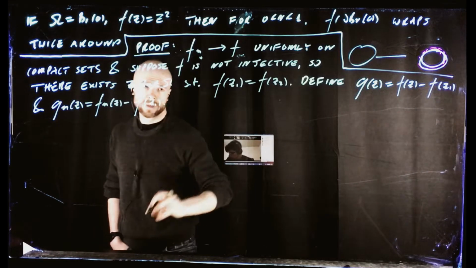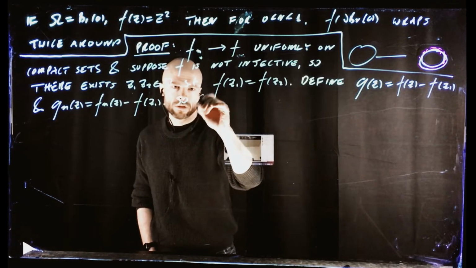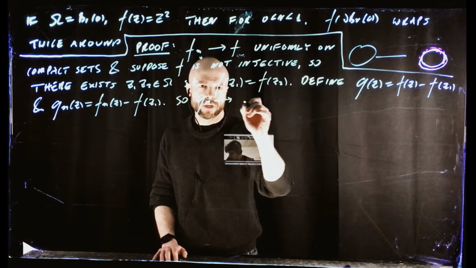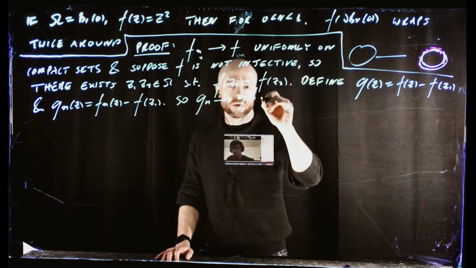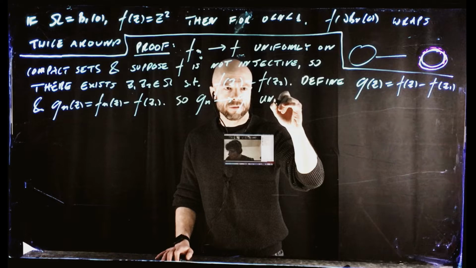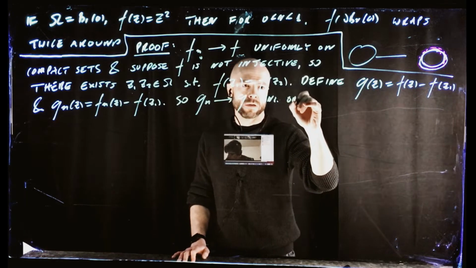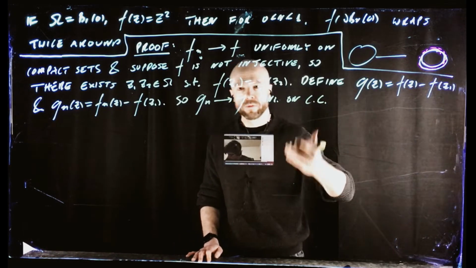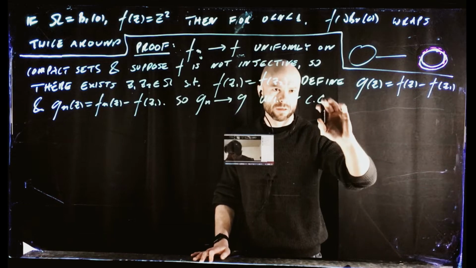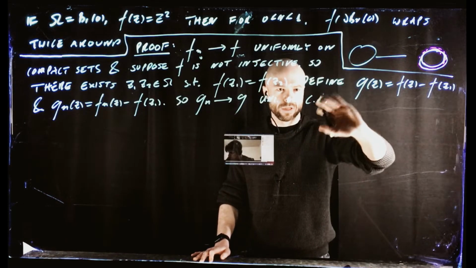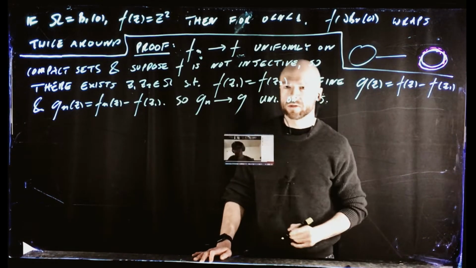So gn tends to g uniformly on compact subsets.